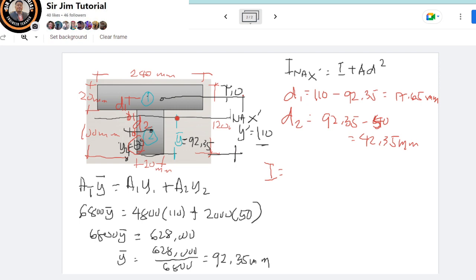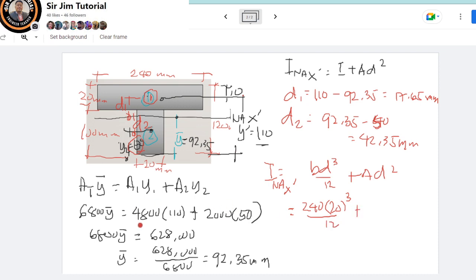Okay, the moment of inertia at the new x location. The parallel axis formula for a rectangle is bd cubed over 12 plus Ad squared. For number 1, area 1, b is 240 and d is 20, so 20 cubed over 12.